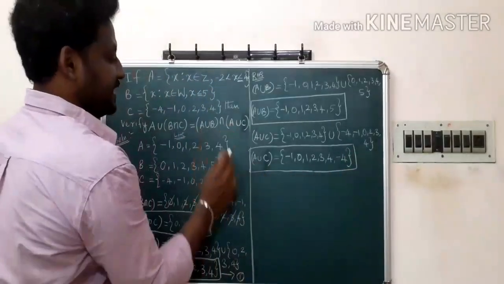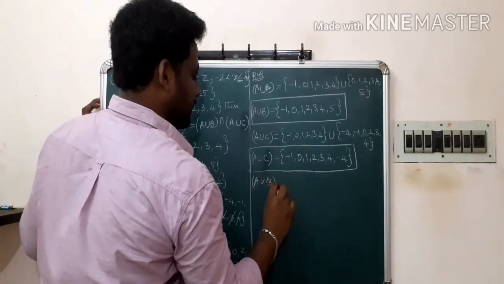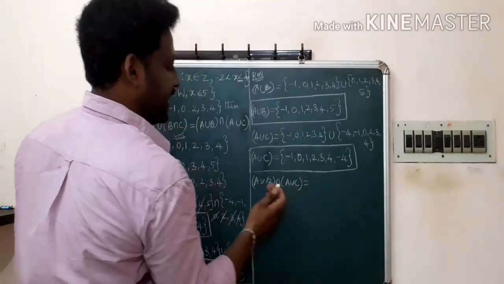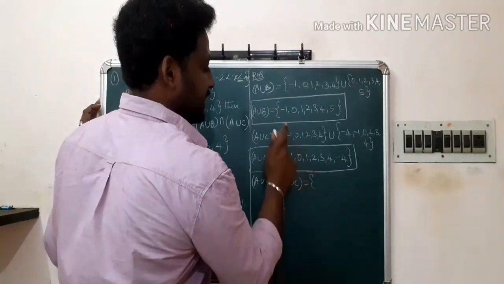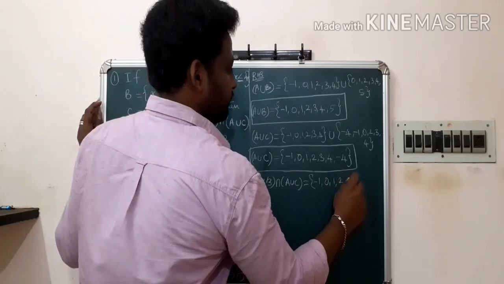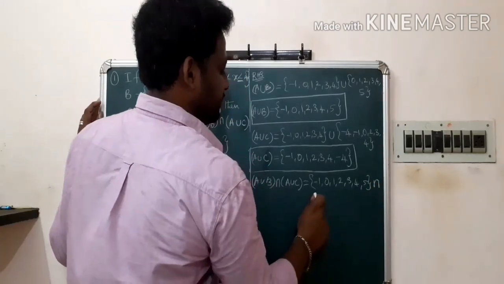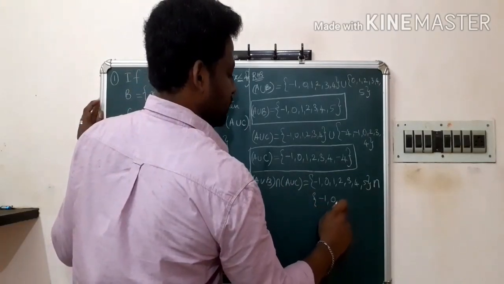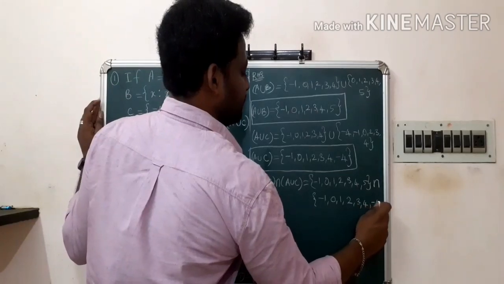So now the right hand side is A union B intersection A union C. We have to take the intersection of the A union B set and the A union C set. What is A union B? Minus 1, 0, 1, 2, 3, 4 and 5. We take the intersection with A union C, which is minus 1, 0, 1, 2, 3, 4 and minus 4.